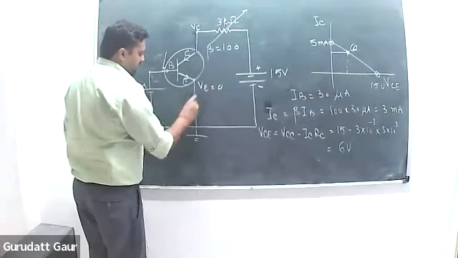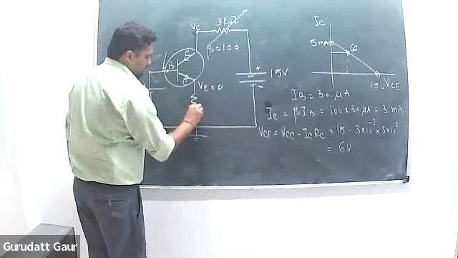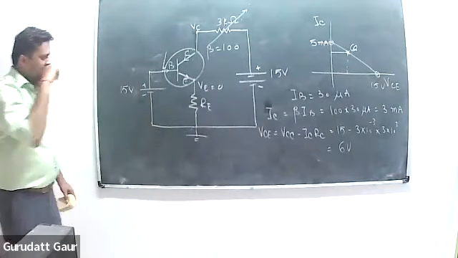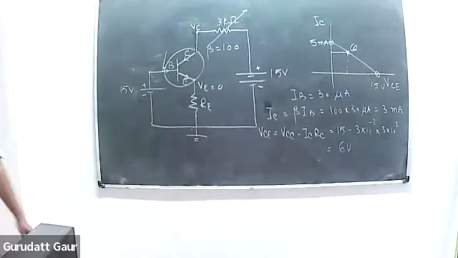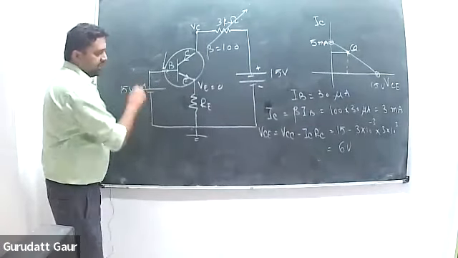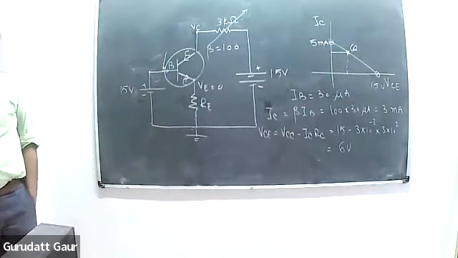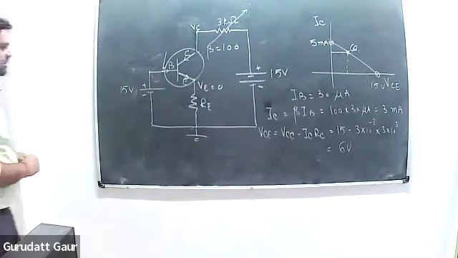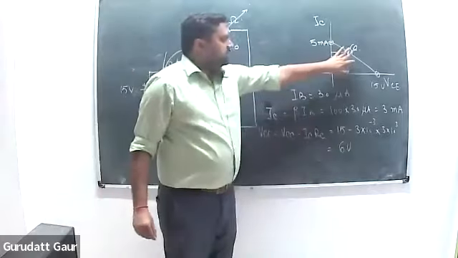उसको यहाँ से हटा के वहाँ लगा दिया and call it RE. So this is the common emitter configuration still again, but now instead of being base bias, this is the emitter bias. Emitter bias common emitter configurations are useful for amplification purposes. Why? Because this Q point becomes non-fluctuating.